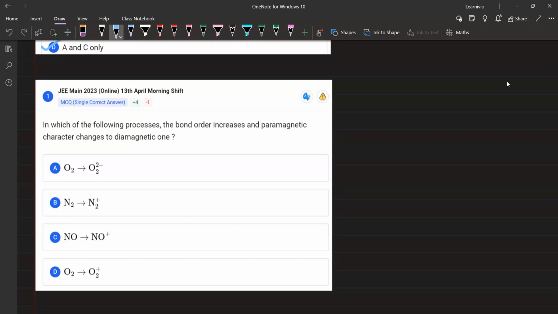Bond order should increase and paramagnetic character should change to diamagnetic. चलिए, I'm giving you 1 minute, because notes में direct answer है इसका. ठीक है, like if it is option A, B और D तो डायरेक्ट मिल जाएगा. But A, B and D are there in your notes. So अगर A भी नहीं है, B भी नहीं है, D भी नहीं है तो C होगा.